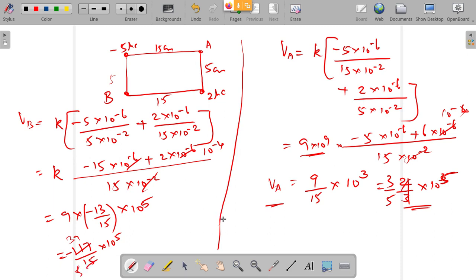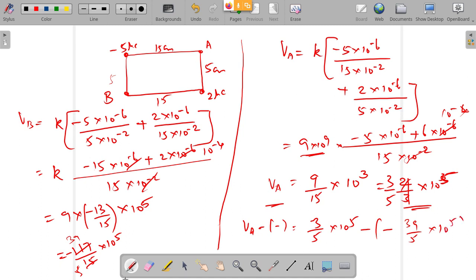Now you do VA minus VB. VA minus VB, if you do now, minus of minus this thing. There is a minus sign here. Yes, you are correct. Now VA minus VB you have to do. So this is 3 by 5 into 10 power 5 minus of minus 39 by 5 into 10 power 5.